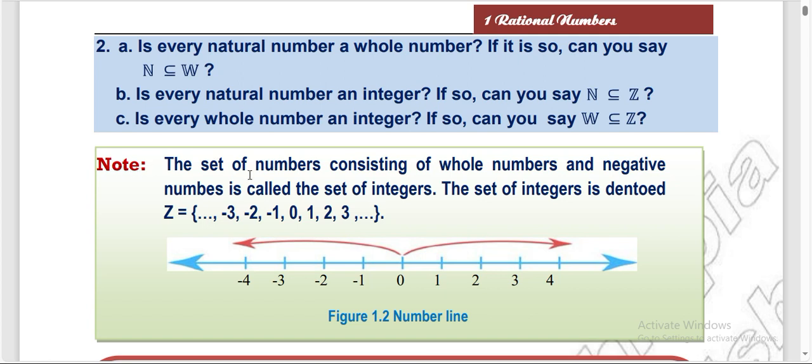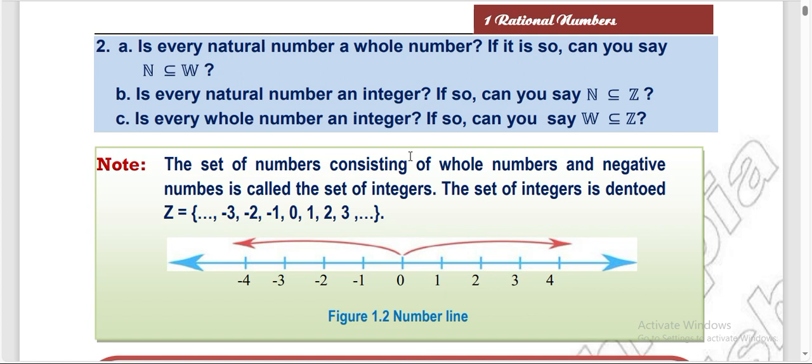Note the set consisting of whole numbers and negative integers is called the set of integers, which means that the combination of whole number and negative integer number is totally the set of integer numbers.